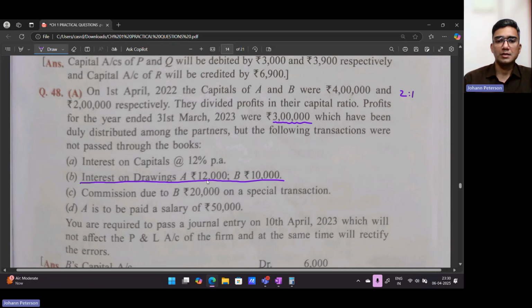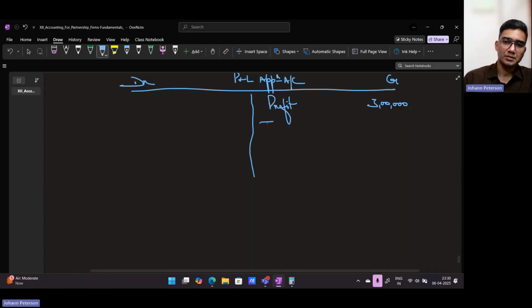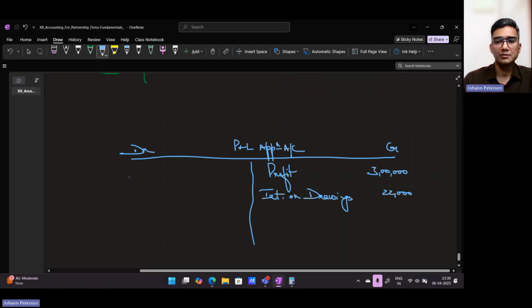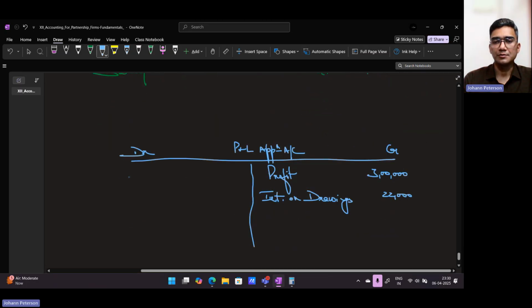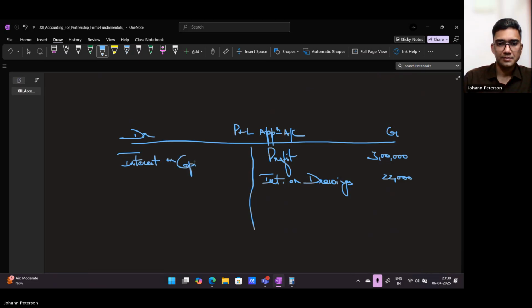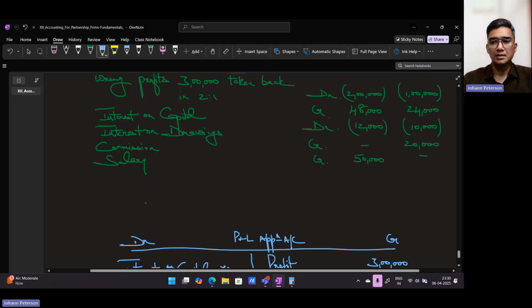Our interest on drawings is 12 plus 10, which is 22. So interest on drawings, this is 22. Interest on capitals, we just found out 48 plus 24. So that is 72. So interest on capital 72. Salary and commission. So we had a salary of 50, commission of 20.